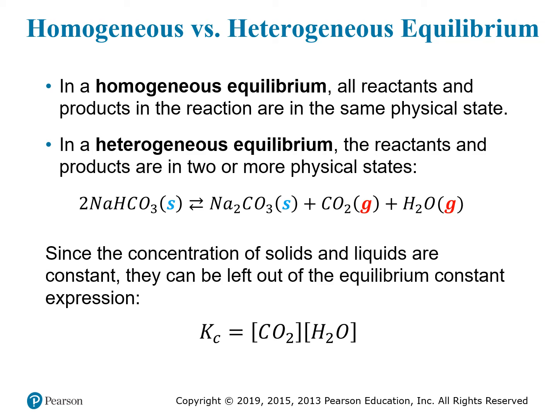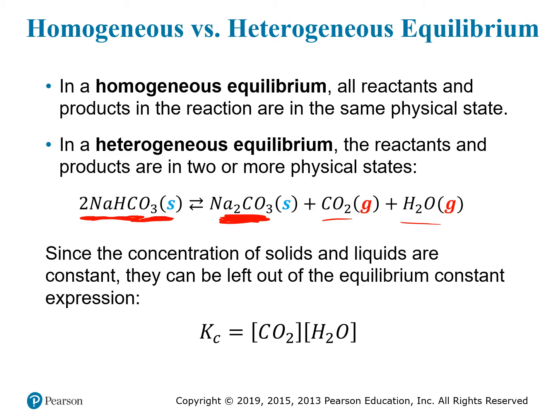So for instance, here we have sodium bicarbonate, which is NaHCO3. And 2 moles of this can decompose into a mole of sodium carbonate and a mole of carbon dioxide and a mole of water vapor. So this is very clearly separate states. Here there's a solid, and this is a salt-like solid. It's a white crystalline powder. And then the product is also a similar looking crystalline white powder.